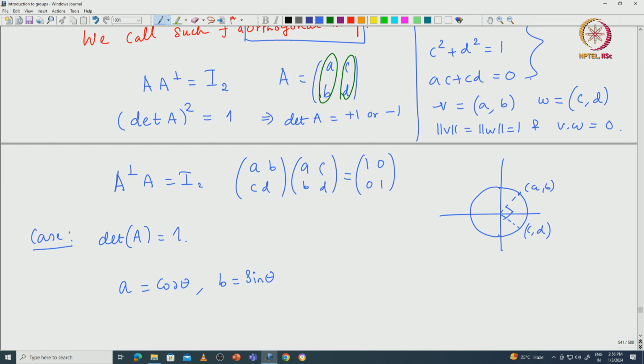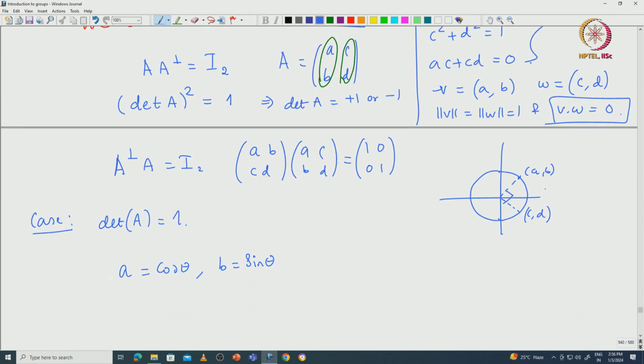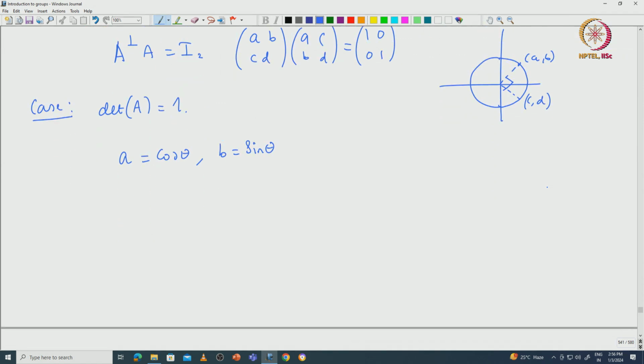This should be perpendicular, because this is what the orthogonal relation says: v dot w is 0. So that also should lie in the unit circle and be perpendicular to this. If you just work it out, there are two possibilities.